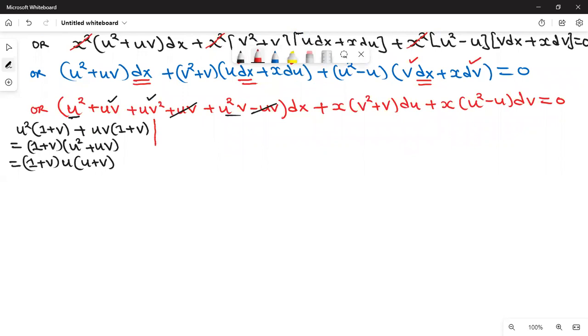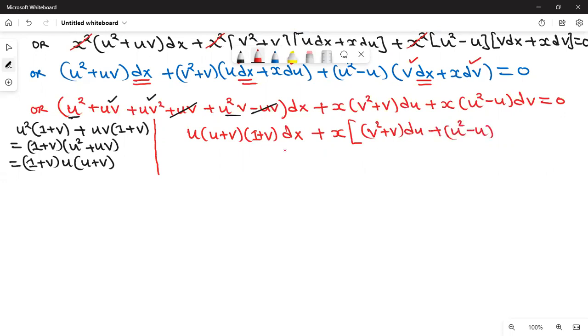So our equation can be written as u times (u plus v) times (1 plus v) dx, plus, you see x is common, so x outside, (v squared plus v) du plus (u squared minus u) dv.